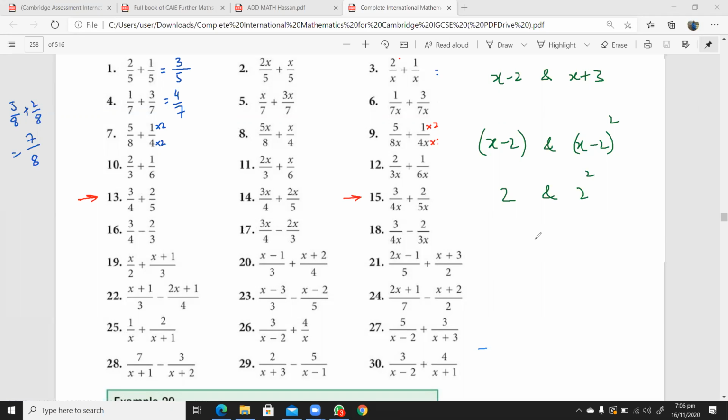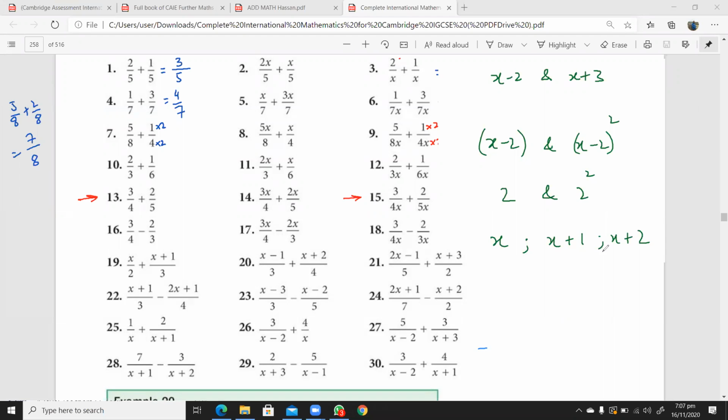Now, what if, let me see who tells this. What if you have x, x plus 1 and x plus 2? What is the LCM of these three? Let's see who gives the answer. Yes, Hassan. What is the LCM of these three? Sir, x plus 1 into x plus 2.